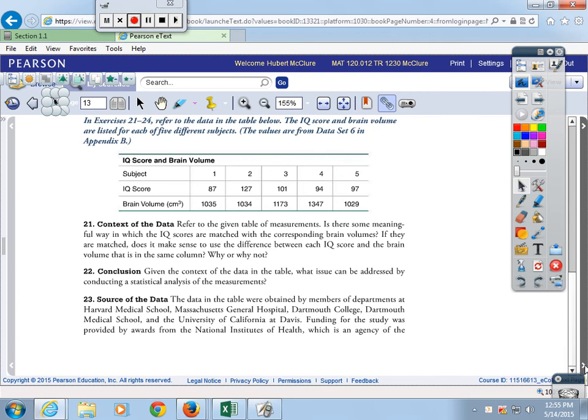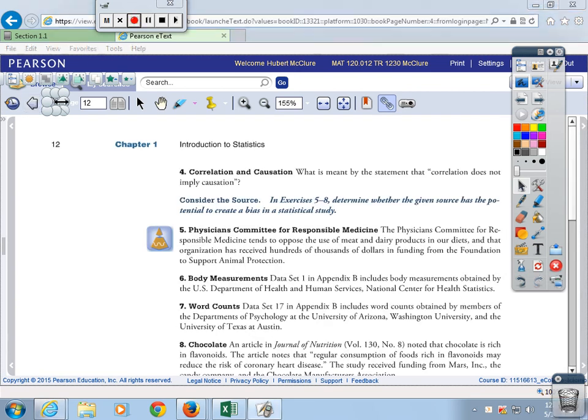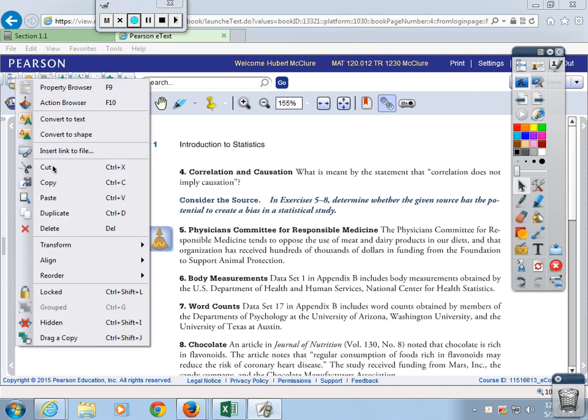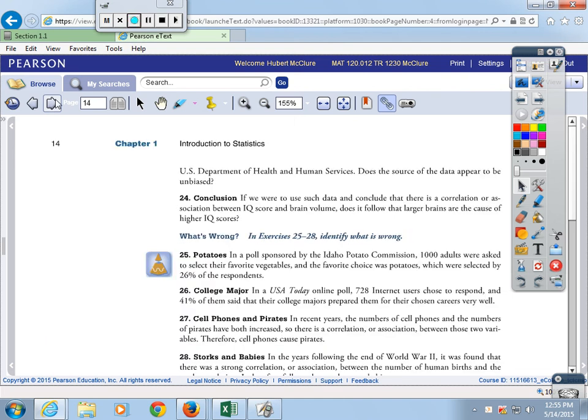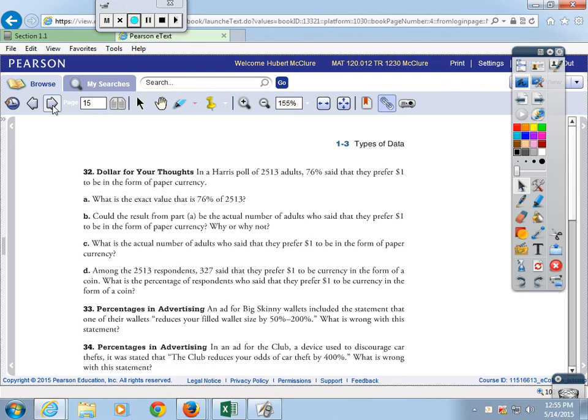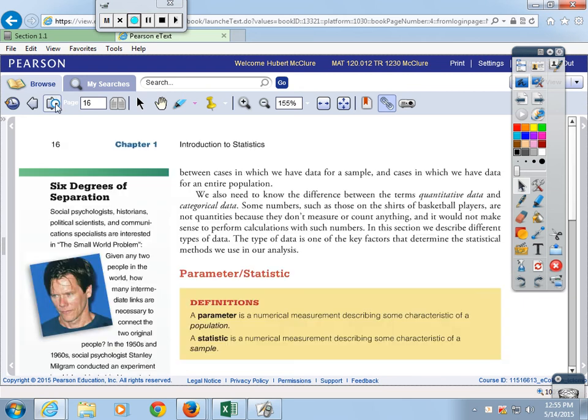I guess we're in 1.2. Whatever. Thank you. Now, these are homework questions. Heck, wrong. See, 1.3 starts at the bottom. Okay, 1.3 starts.